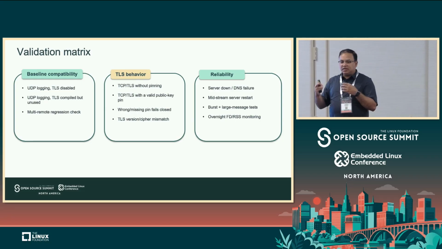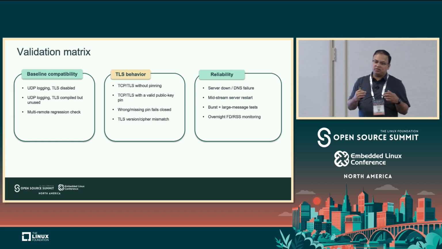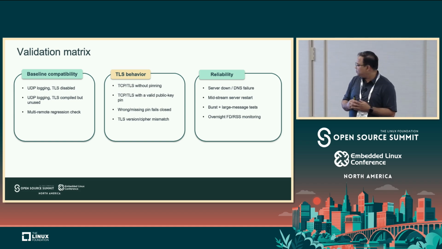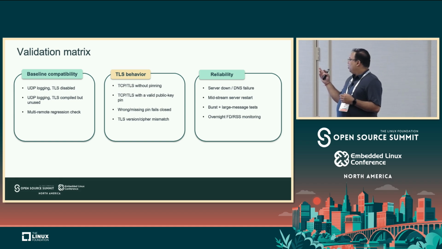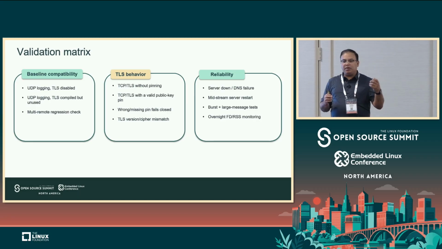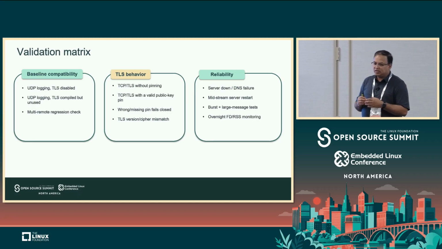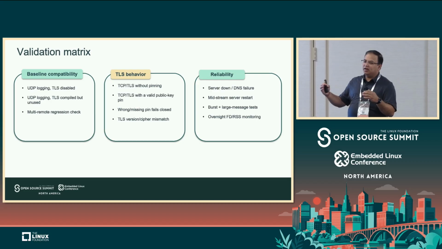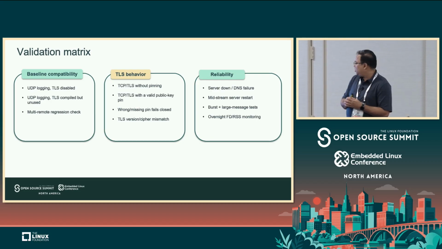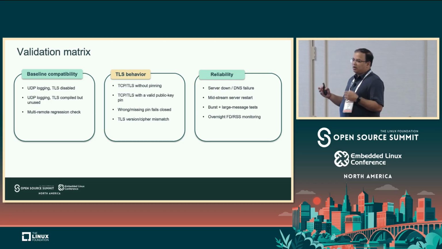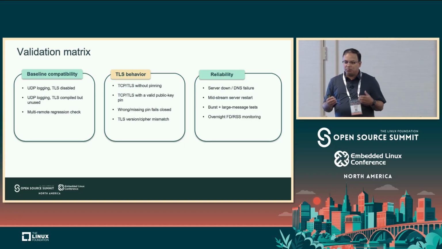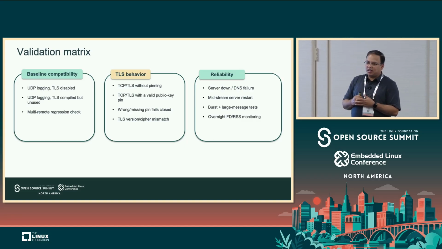If the server restarted in between, that has also been handled using the backup mechanisms. We have also tested a burst message or a large message, and those messages are properly handled as per the TLS TCP protocol. And then we ran overnight runs monitoring the RSS and the FD usage.